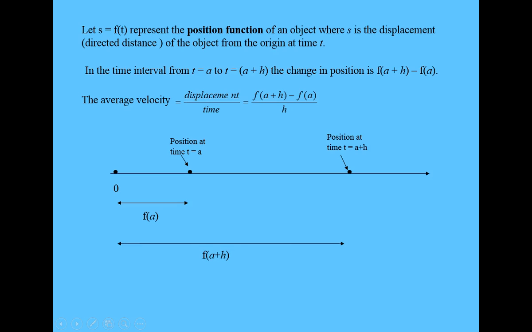Now this is representing the distance that we've traveled at f of a plus h. So the distance between those 2 points would be found by f of a plus h minus f of a.